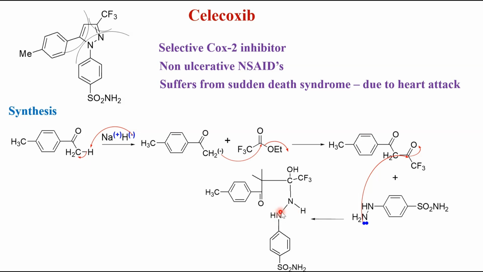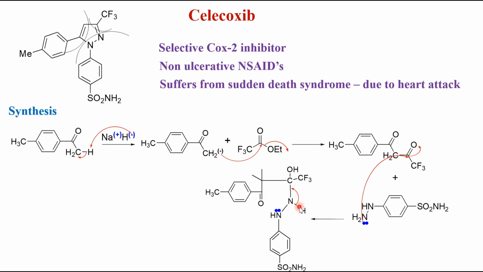This has an amino group which is having lone pair of electrons, and here there is a carbonyl group. The carbon is an electron deficient center, and here there is OH and H.